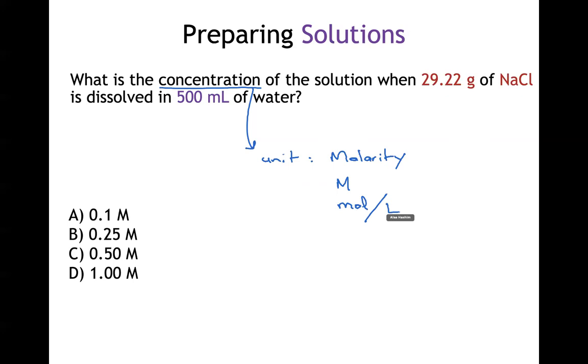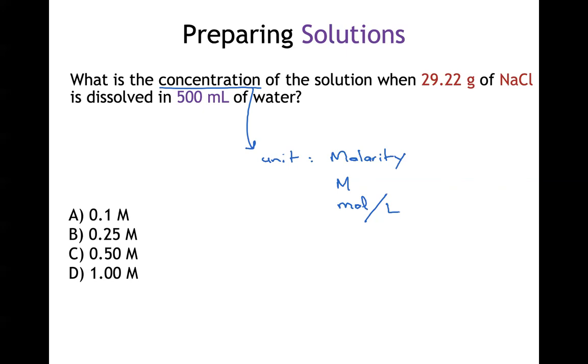So what is the concentration of the solution when 29.22 grams of sodium chloride is dissolved in 500 milliliters of water? Can we identify the solute and the solvent?